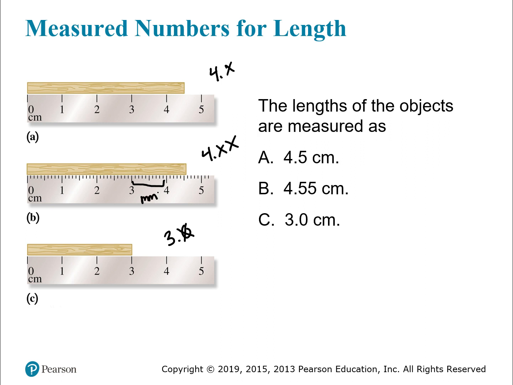So that means you can get the 4, which is the centimeters, the 10th place, which is millimeters, and then get an extra decimal place after that. So A, B, and C are represented here to tell you the exact length. But you should be able to look at a ruler and know how many significant figures or how many decimal places there should be in your measurement.